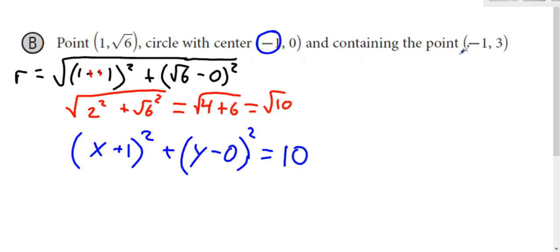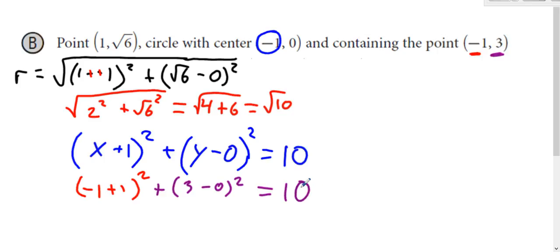We just need to see now if the point -1, 3 fits in that circle. So we plug in -1 for x. And we plug in the 3 for y. And check to see if it's true, if it equals 10.